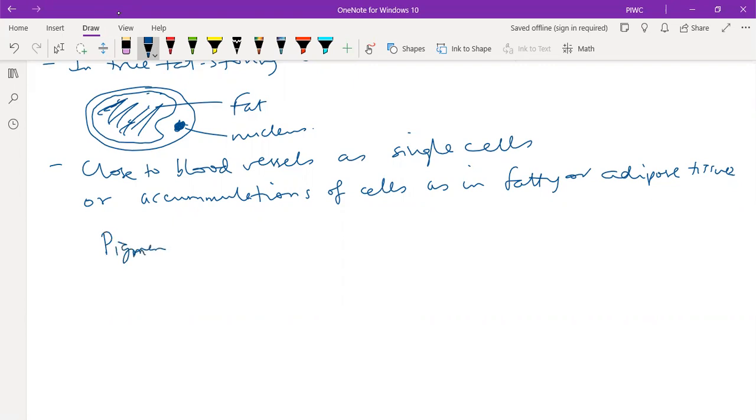So let's move on to the pigment cells. Okay, what are the pigment cells? Now, these are small branched pigment cells found in the dermis, and they contain melanin. So small, and they are branched.